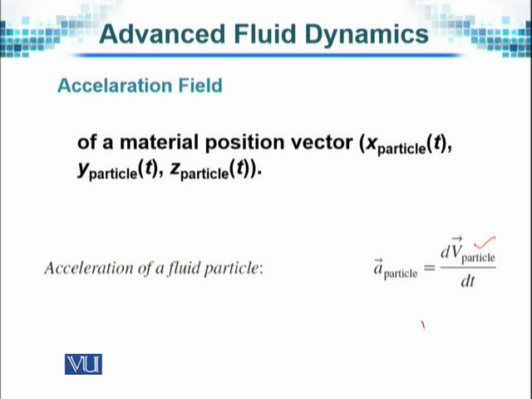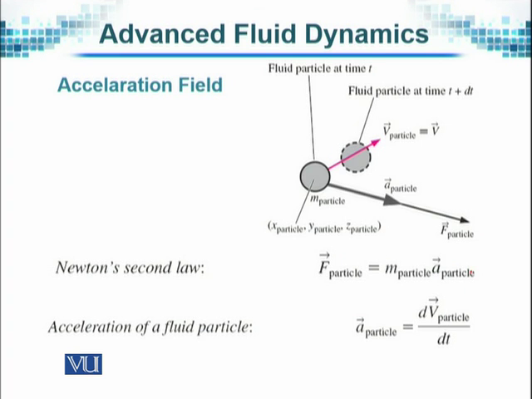Remember, each particle is being followed. Therefore, in our equations we write the particle as a suffix. In the Euler system, we will drop it. It will not be very necessary.